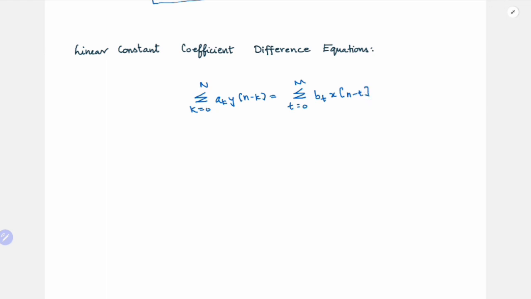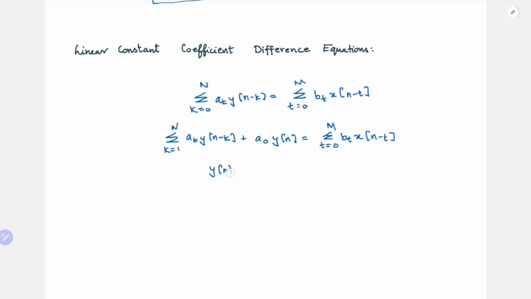Okay. So then how will you find y of n? You have to do it recursively. If you split this like k equal to 1 to n, you will have a k y of n minus k plus a0 y of n is equal to summation t equal to 0 to m b t x of n minus t.